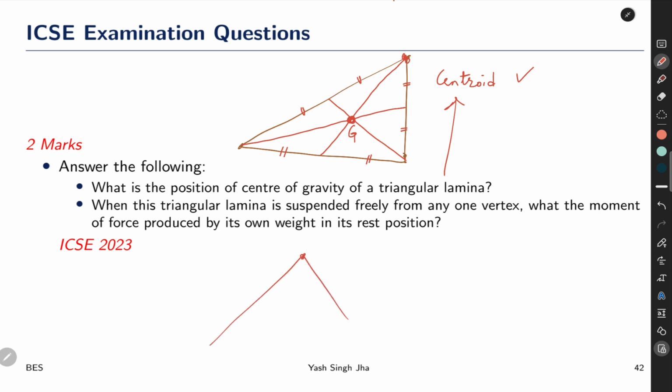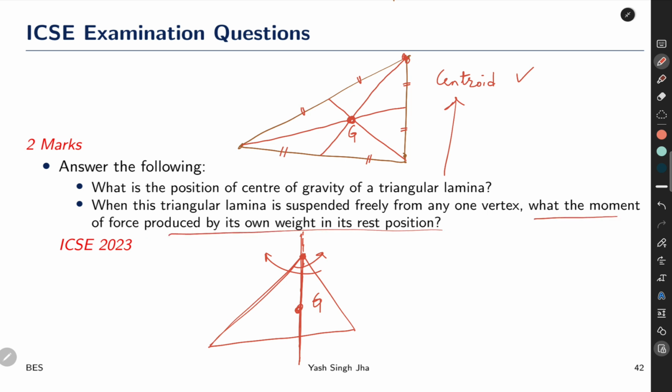So if this is the triangle and it is free to rotate about the vertex, it may rotate left or right, anywhere. The center of gravity wants to assume the lowest position possible, which will always be along the line directly beneath the axis of rotation or the point of rotation.